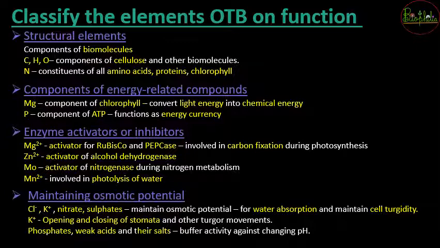So in that buffer activity के लिए you need these phosphates, weak acids and the salts, so that if the plant is suffering from changes in pH, तो अगर soil बहुत ज़्यादा acidic है या बहुत ज़्यादा basic है, and if there are changes in the body, then these elements can manage a bit to maintain the changing pH.